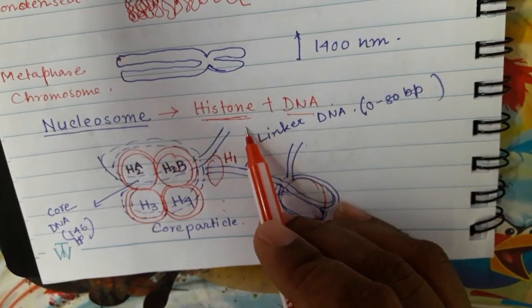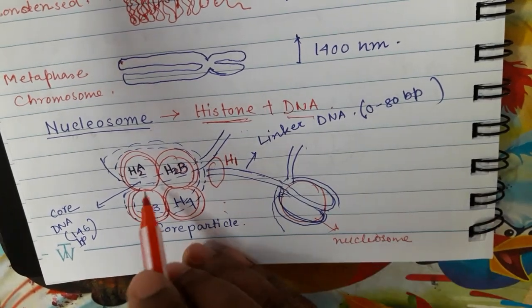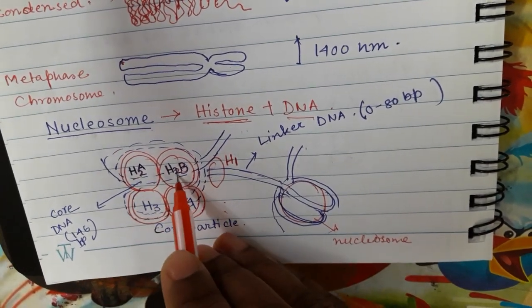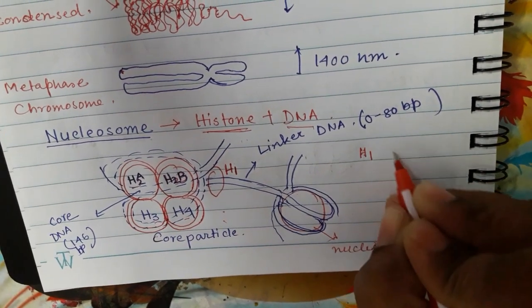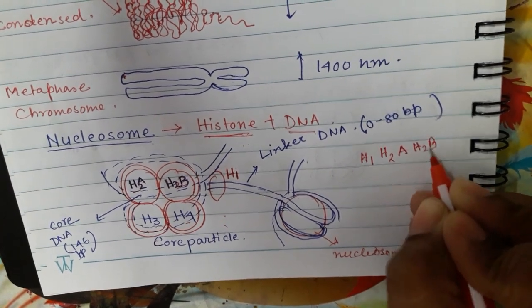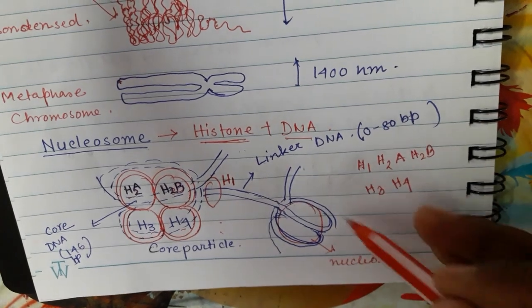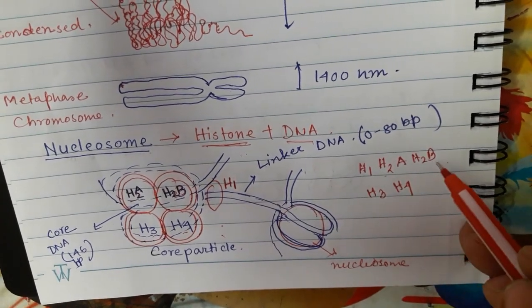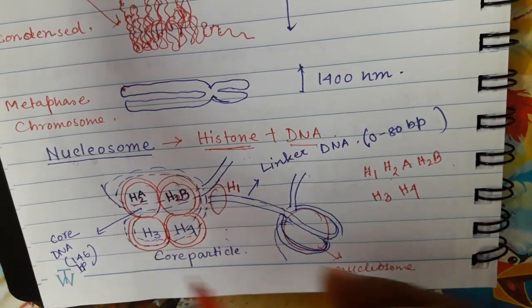In the nucleosome, histones are of 5 types: H1, H2A, H2B, H3 and H4. Among these, 4 are present twice and form a histone octamer.